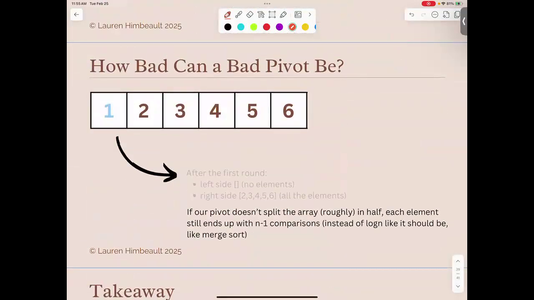So if our pivot doesn't split the array approximately in half, each element ends up doing n minus 1 comparisons. So instead of getting, I wrote log n, but I meant n log n, right? For every element, we had log n comparisons. Instead of getting an n log n, like merge sort, we get something else. So I'm just going to write that down.